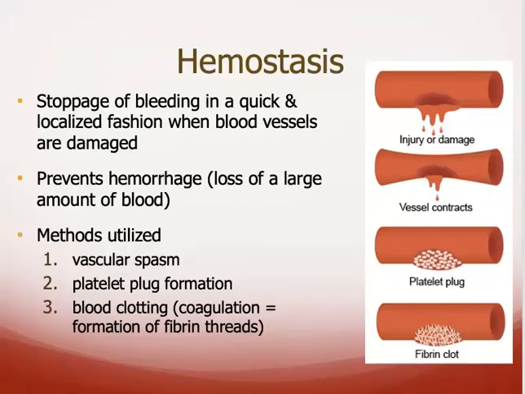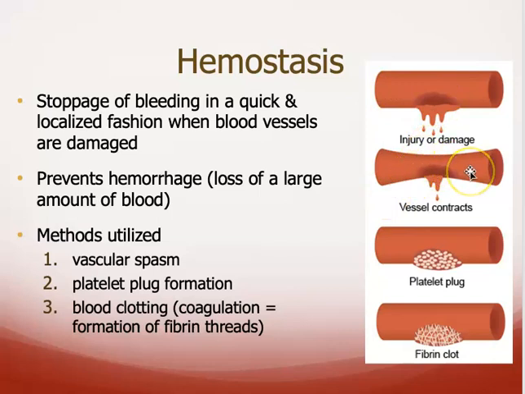Okay, so let's talk about blood clotting. There are 3 main methods for hemostasis, or the stoppage of bleeding, and that is vascular spasm, platelet plug formation, and then blood clotting. So let's just take a quick look at this image here on the right. Here we can see the site of injury.